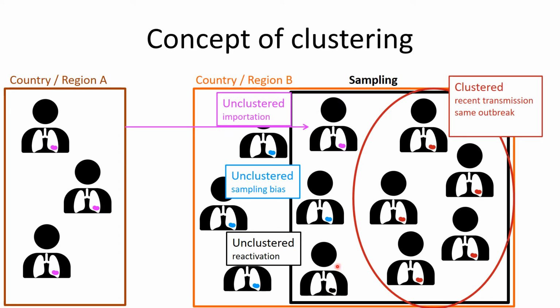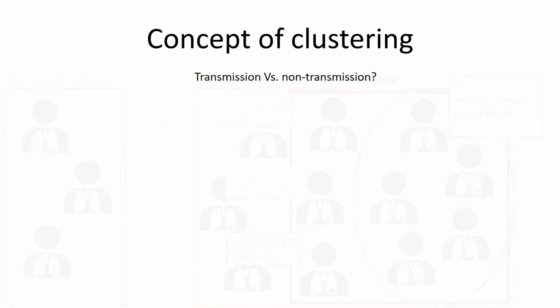So when this patient develops active TB, that strain is not in a cluster because, again, there are no other black strains running in that population anymore. So that could be a case of a reactivation of an old infection.